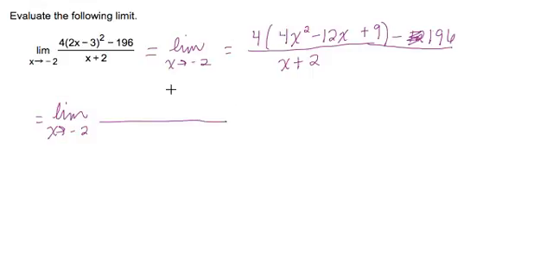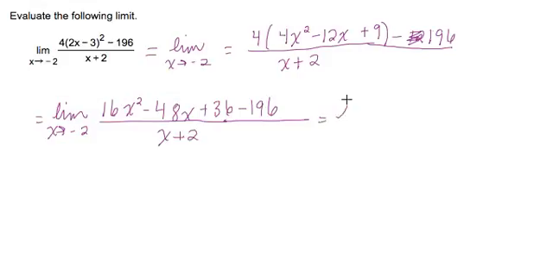Okay, so then we'll distribute the 4 to get 16x squared minus 48x plus 36 minus 196 all over x plus 2. And let's combine those last two terms.